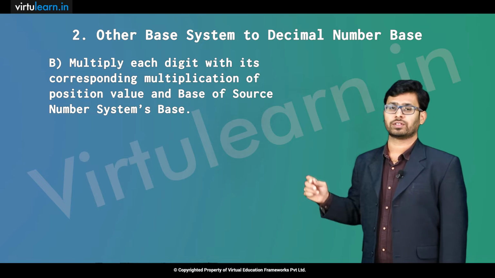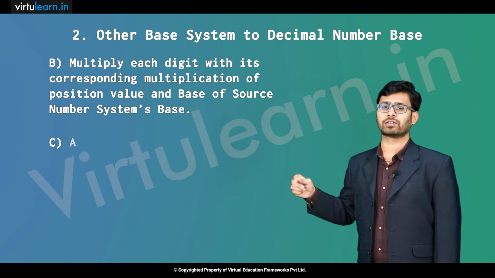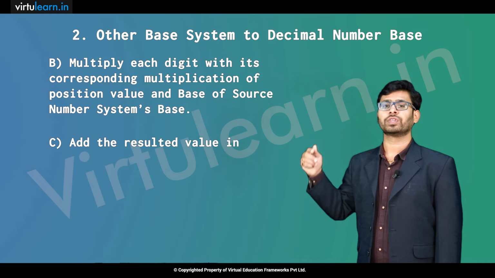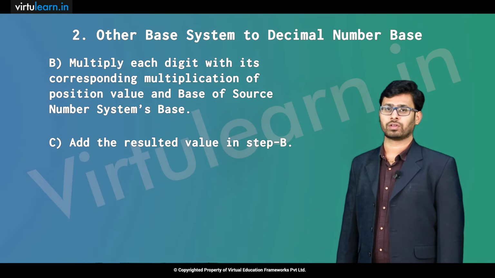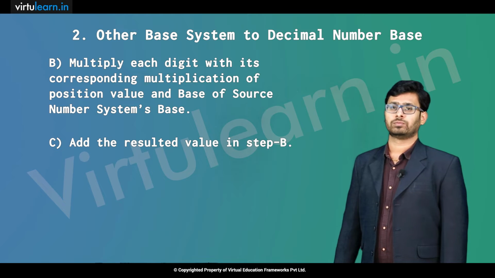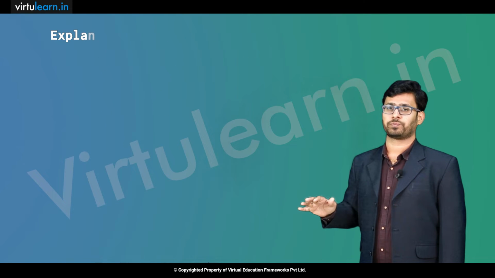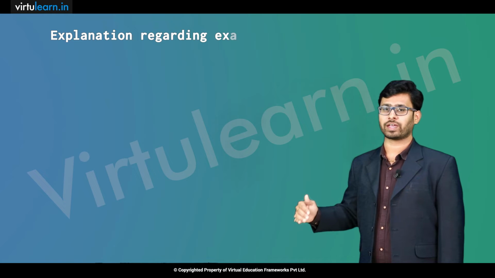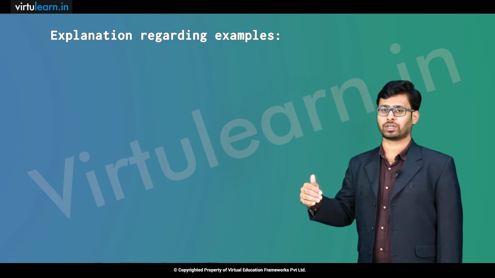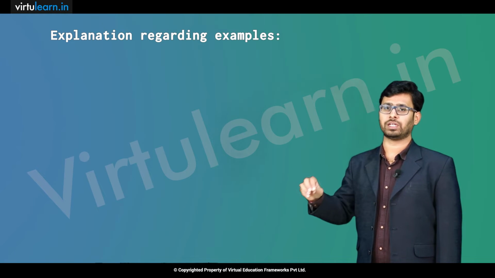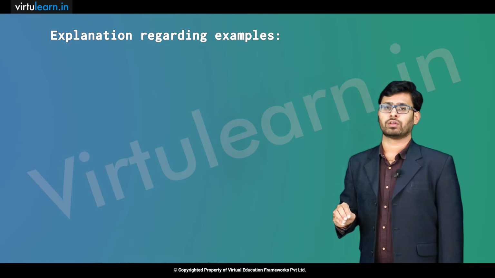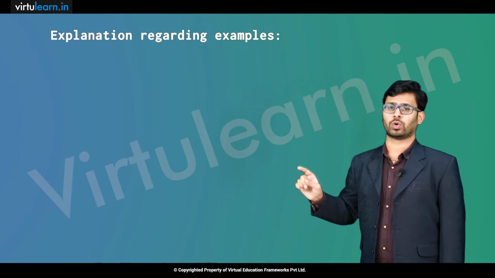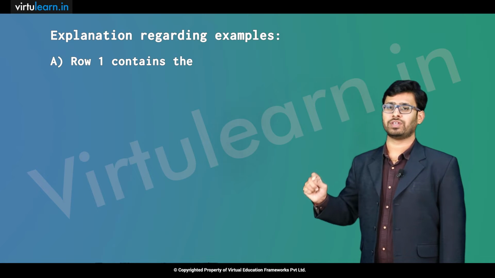Now let me explain how I am going to use the example, and the rules for framing it, which are very important points. In the first row we see the digits: the first row contains the digits of the number that is going to be converted. Row 2 contains the position of each digit in the number system.